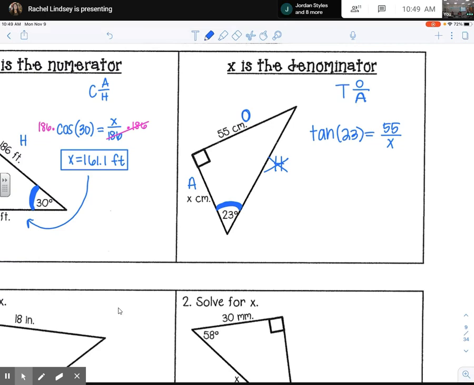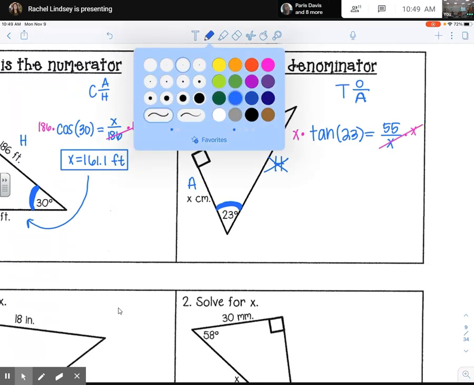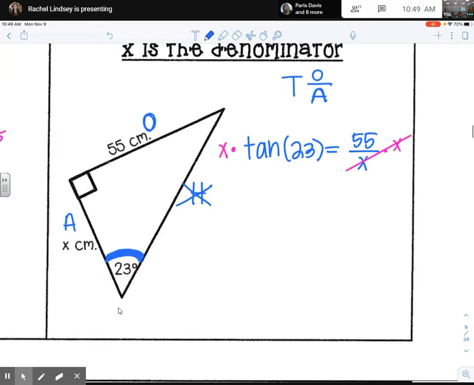Now I'm gonna have to do 2 steps to get x by itself. So the first thing I need to do is get x out of that denominator. So I'm gonna multiply x on both sides. So I'd have x times tangent 23 equals 55.